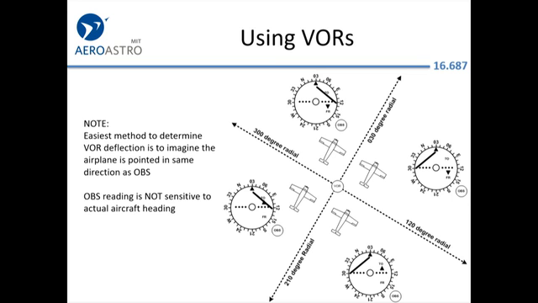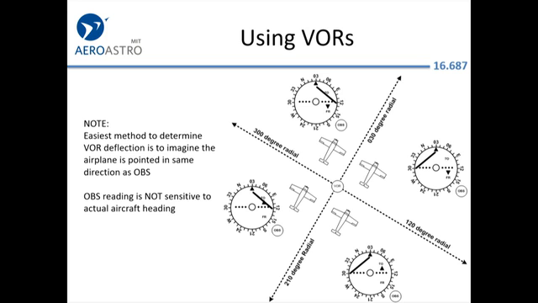You're going to probably have to study and think about this a little bit more at home. But one easy way to think about this is to sort of build yourself a virtual HSI. So if you see a test question and it shows the indicator set up to tune to like the 030 radial, just draw a little airplane or imagine an airplane actually heading northeast on a 030 heading.